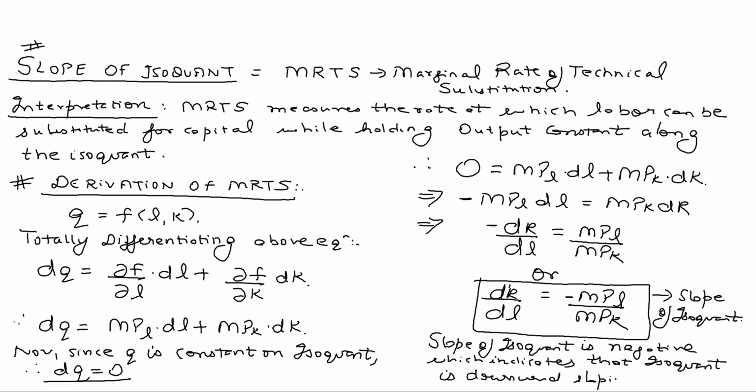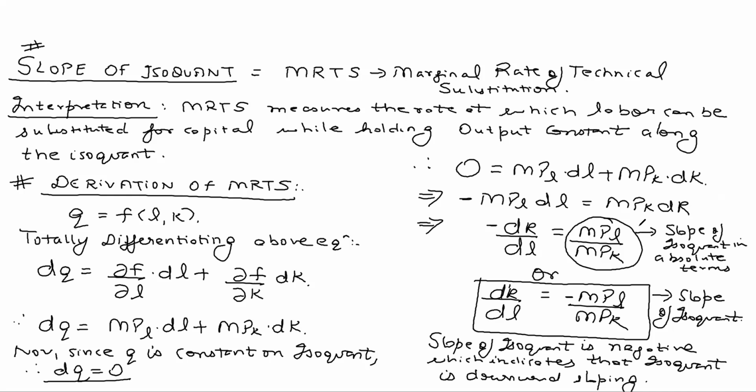So if I ask you the slope of the isoquant in absolute terms, which we also call as RTS.